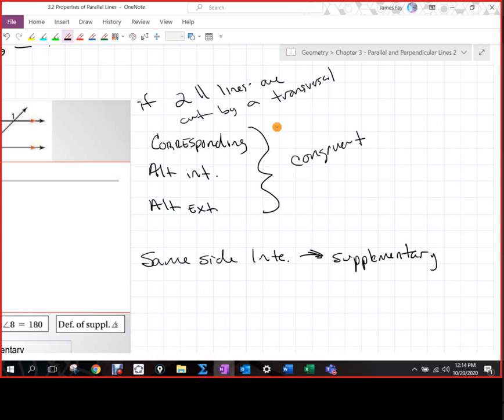You do it 5, 6, 7, 8 times, and the next one is supplementary angles. But you've trained yourself to say that they're equal, and that's what people usually do. Does that make sense? So you just got to be careful with that.